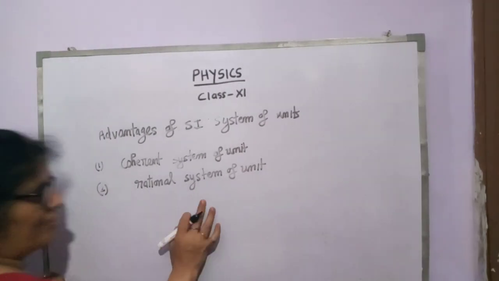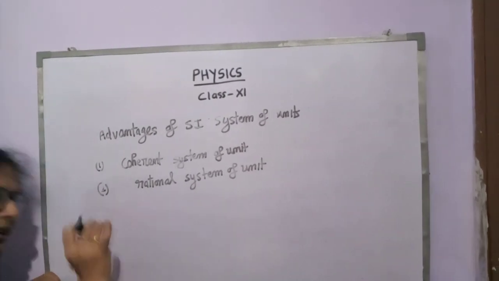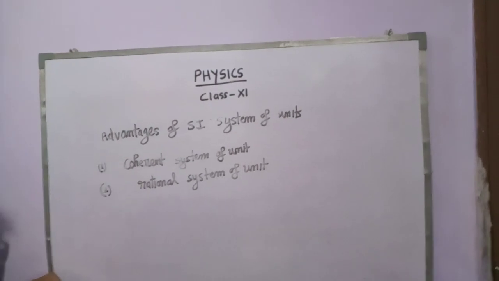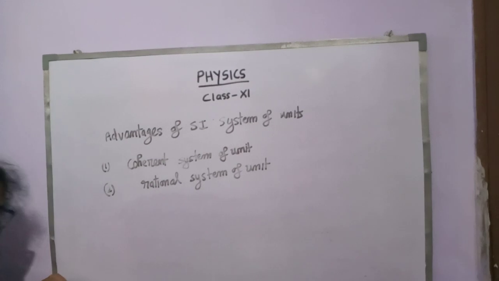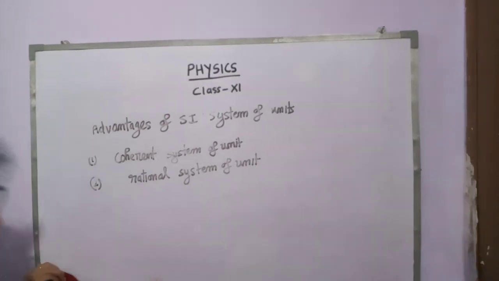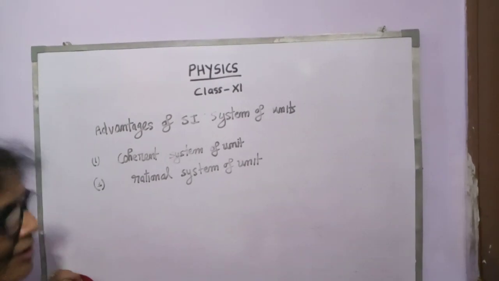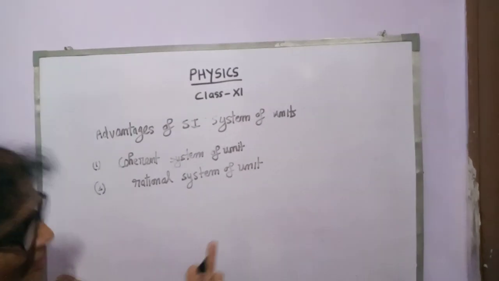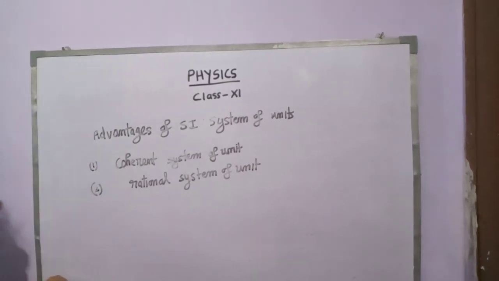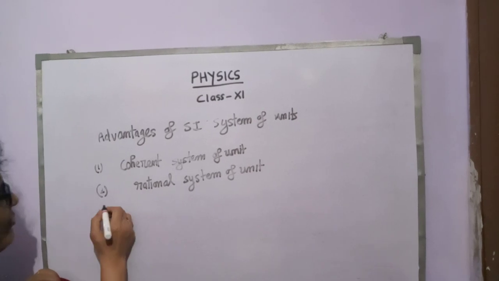The SI unit of all types of energy is joule. Because all these are energy, the SI system assigns only one unit to that particular physical quantity. That's why it is a rational system of units.